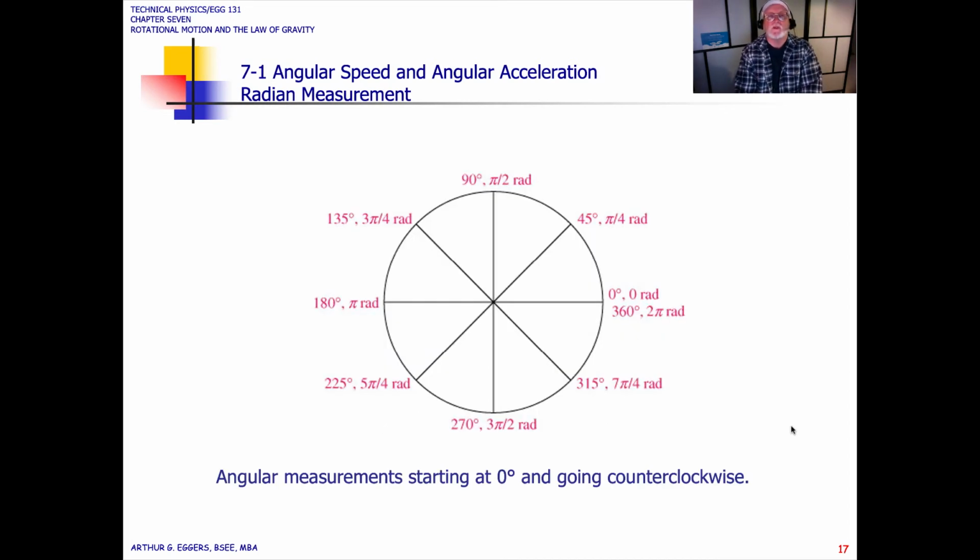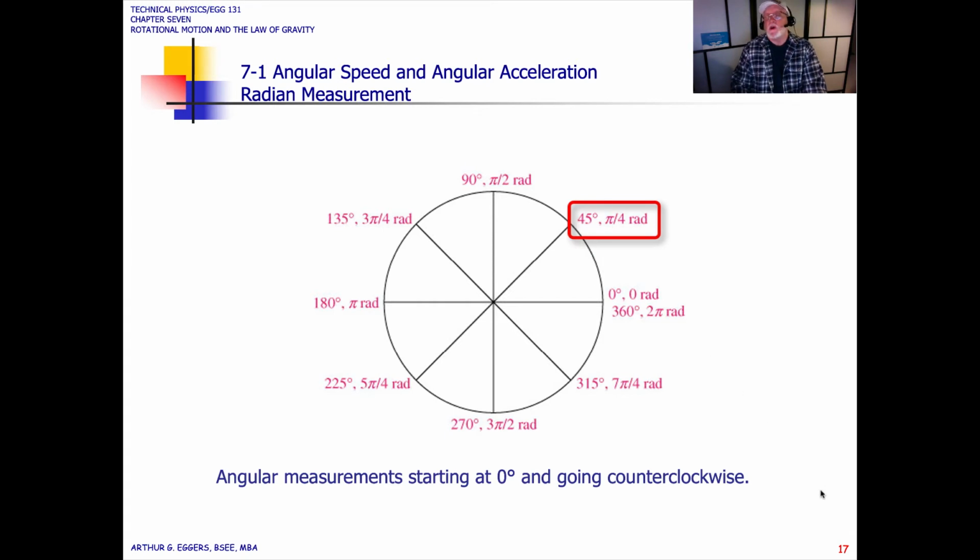As I said, each one of these radian values has a degree value associated with it. So as we move counterclockwise around the circle, in degrees and pi radians, we have to come up with some sort of conversion factor so that we know how to convert from pi over 4 radians to 45 degrees.